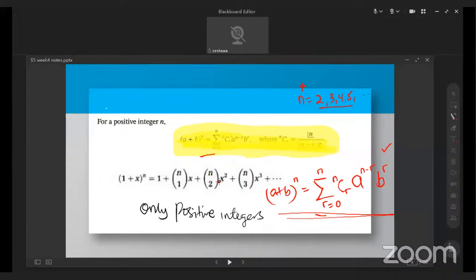Now, in addition to this one here, also for positive integers, we utilize this one as well, where we said 1 plus n combination 1, x plus n combination 2, and so on and so forth.